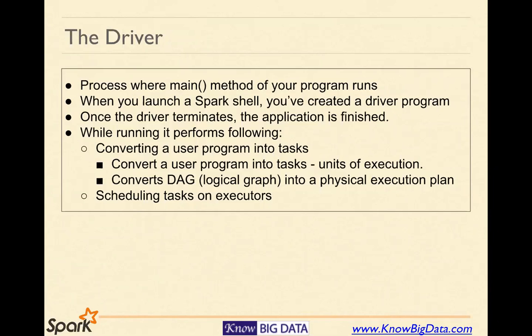First, let's say whenever we said rdd.take, it will basically figure out all the units of execution. It would try to create a directed acyclic graph and then figure out what are the things that could be done together or separately, and based on that it will create a physical execution plan, and then it'll schedule those tasks.